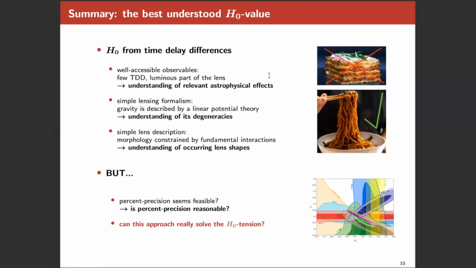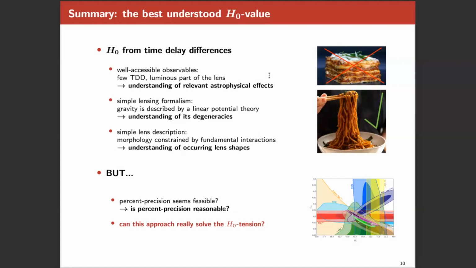This is my big contribution that I made here, to understand what all these degeneracies mean and what is the most general class of all these invariance transformations. And in addition, we now also understand why these morphologies of the lens models, which we usually base on heuristic fitting functions, are actually good profiles also from fundamental principles. So we have an understanding of the occurring lens shapes, and we can motivate this based on fundamental physics.